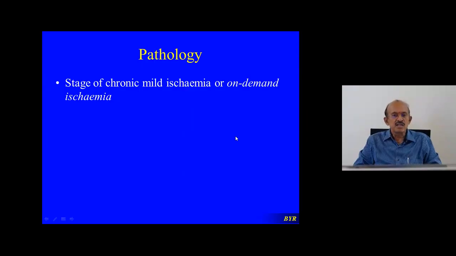In the initial stages, there is mild ischemia. I'm just giving an approximate figure. If, for example, 10% of the lumen is blocked, then there may not be any ischemia. The patient may not feel any symptoms and signs of ischemia because 90% of blood is flowing.